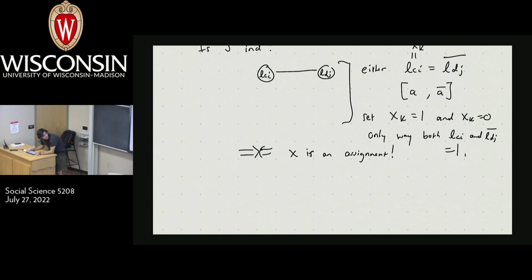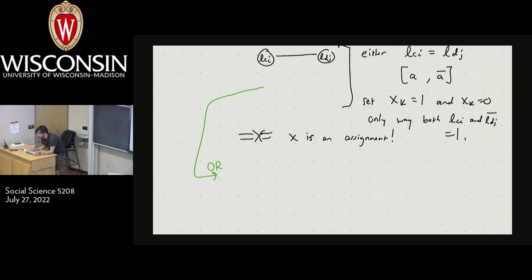Okay? So that's one possibility. The other case is that they're in the same clause. So the other option is L_C,i and L_D,j satisfy C equals D, so same clause.